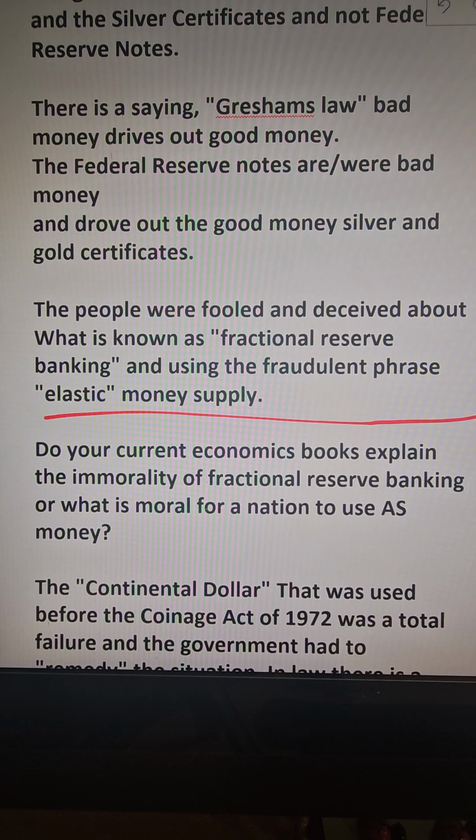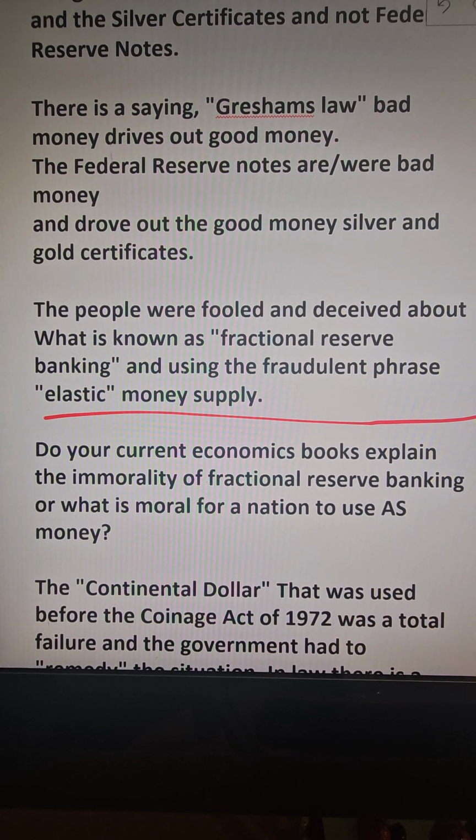Oh, they also came up with this incorrect and unclear word called elastic money supply, expanding and contracting, which was fraudulent. They allowed for more credit and decreased their credit. That's what partly caused the so-called stock market crash, which is another one I'll expand on. Stocks don't crash. Cars crash, buildings crash, people crash into things.